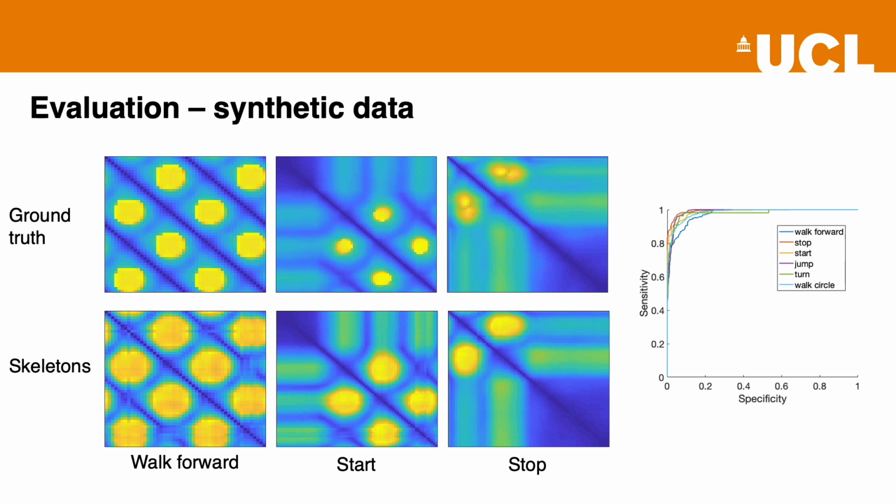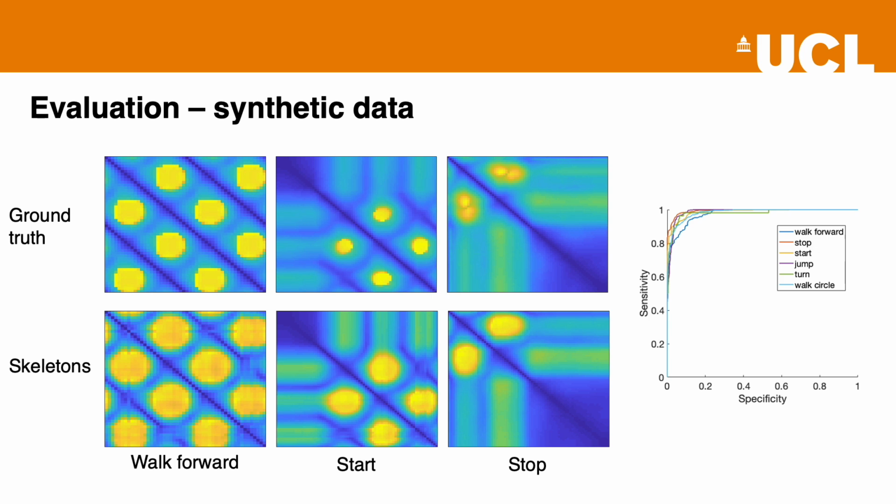To analyze the system statistically, we used the same process that the other people have used in the literature. We looked at receiver operating characteristic curves, which is what you see on the right here. These curves are an indication of, as you make a discriminator more sensitive, to what extent does it damage the specificity?